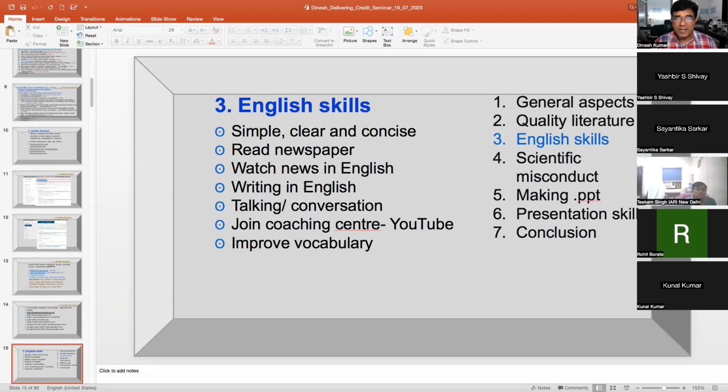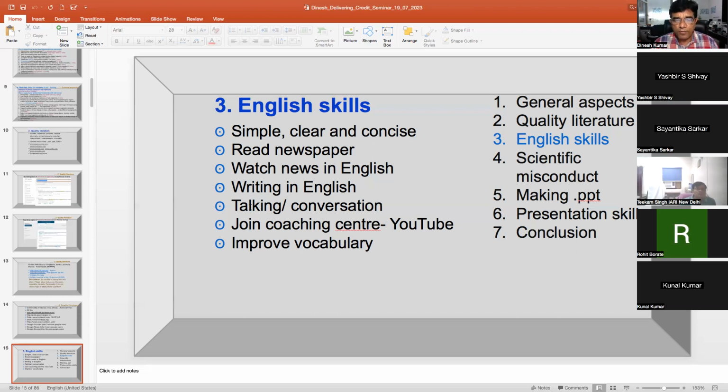You can practice writing in English also: for 15 or 30 minutes, write an essay on any subject around you and show it to your friends or people known to you. They will correct your mistakes. That way you can learn better English, through conversation with each other. And if everything fails and we are weak in English, there is no harm in attending a coaching center also. We should shed our inhibitions to learn English.